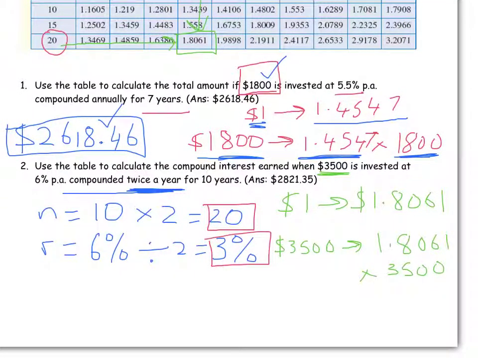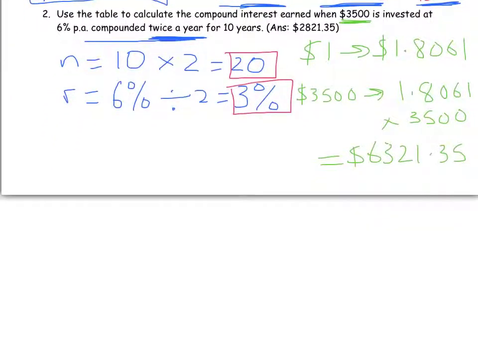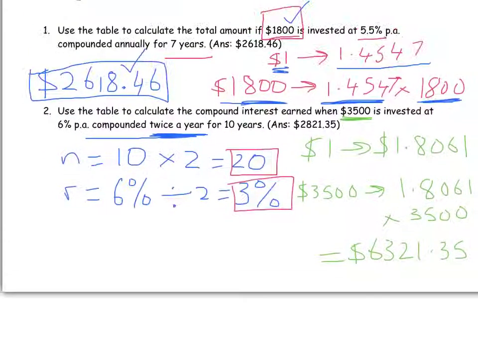Let's work that out on the calculator. 1.8061 times 3,500 gives you $6,321.35. Okay, so that's all there is to using that table. And that's it.